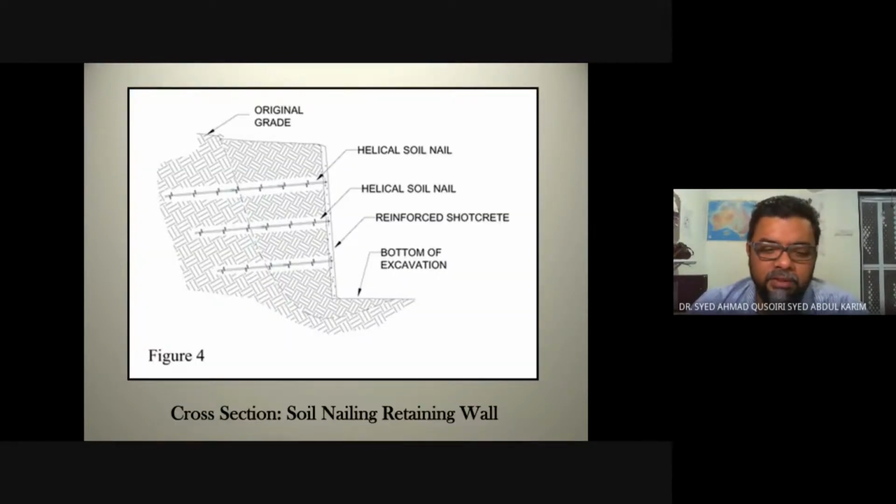So this is the cross section of the soil nailing retaining wall. So this is the nail itself being grouted and all, and then they will build the face of the retaining wall.